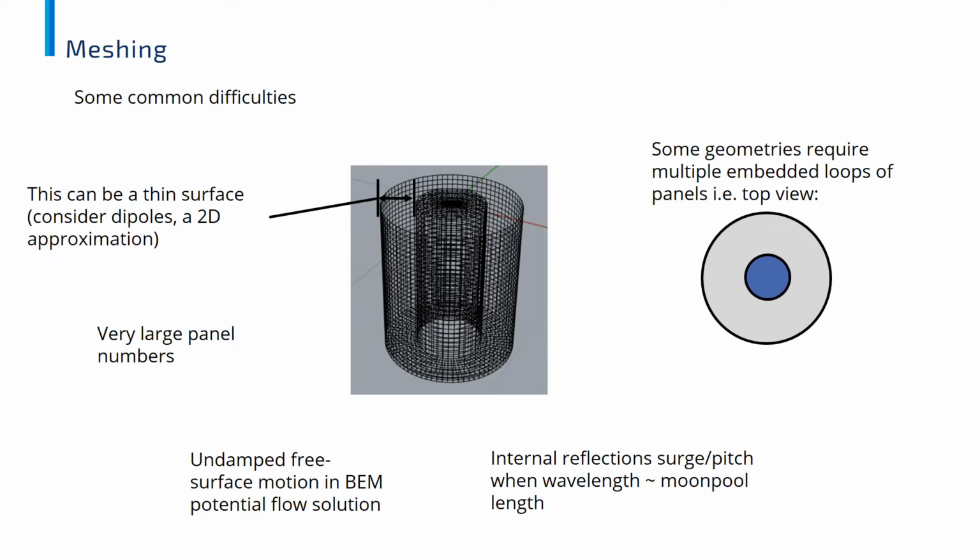I won't talk through all of them, but the one that I would call your attention to is because there is a real physical internal free surface on any oscillating water column type device, that free surface is going to have a resonant mode when the wavelength or multiple integer multiples of the wavelength are of the same length as the draft or the internal diameter of that free surface.